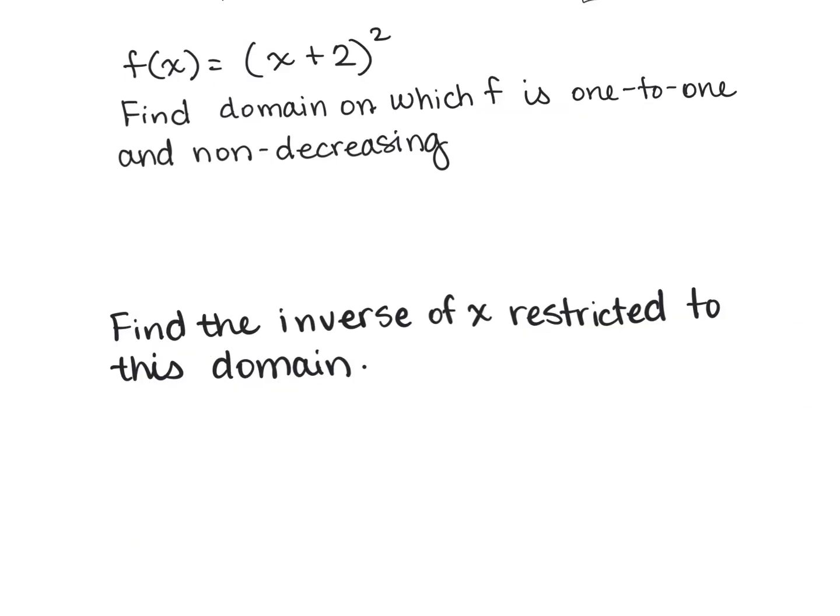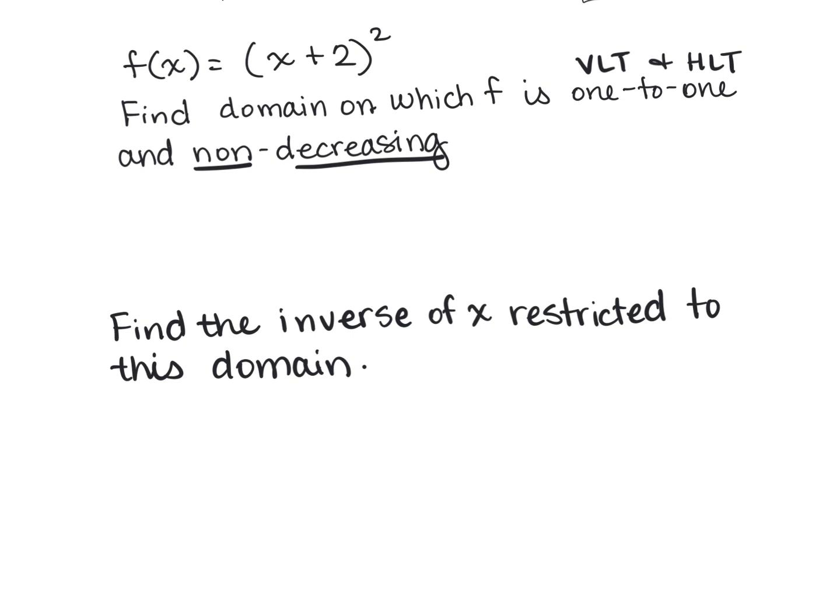The next question wants you to find the domain on which f is 1 to 1, which means it has to pass the vertical line test and the horizontal line test, and be non-decreasing. Non-decreasing means that it is going to be increasing from left to right.